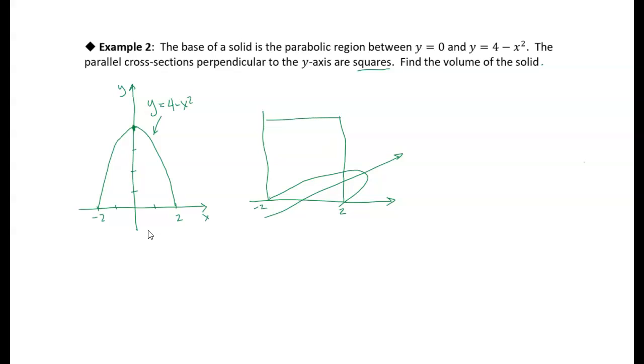So you can see that's kind of what our squares look like. And then they're just going to get smaller and smaller, right? We're told that these cross sections are perpendicular to the y-axis, and they're going to have some little thickness to them. I could actually draw this with some thickness, if I could draw straight lines. It looks really bad. Okay, you get the idea, hopefully, that we've got these square slabs that we're going to stack up along this base, and they're just going to keep getting smaller and smaller.